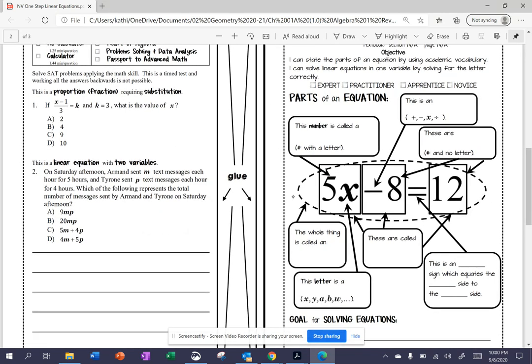So the whole thing, everything included here, is called the equation. These boxes, each box represents a term.